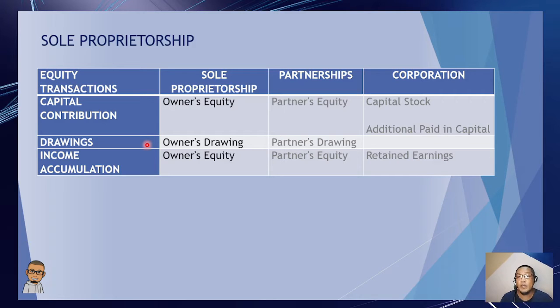Now, drawings are recorded in the owner's equity. Now, income and losses are also charged to owner's equity. So, this is where we will show it. Remember your closing entries when we are closing the nominal accounts to the equity account. That's very important. Don't forget that part.